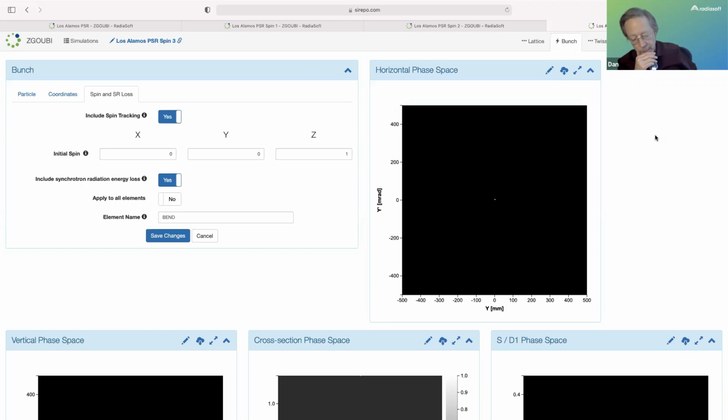And that aside from the fact that PTC uses the longitudinal coordinate as the independent variable, Zgoubi uses distance along the trajectory as its independent variable. And that's effectively the same as using time as the independent variable. But the agreements between Zgoubi and PTC were very good.